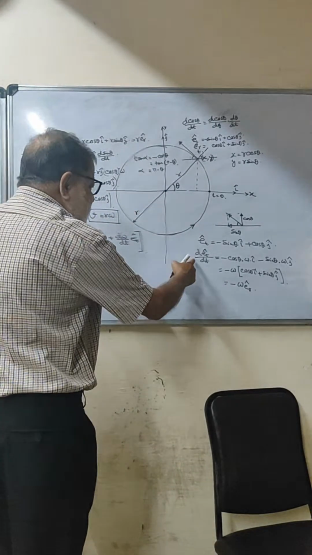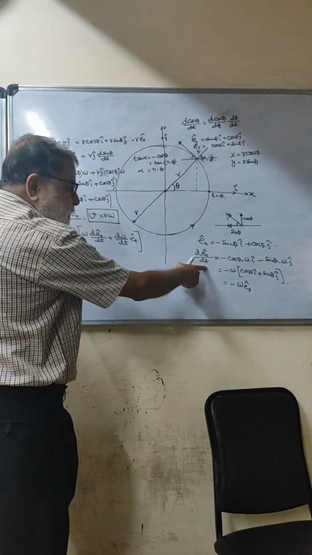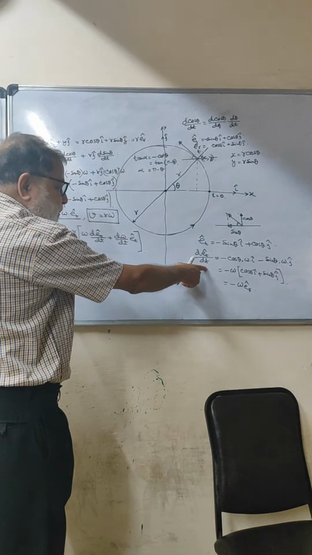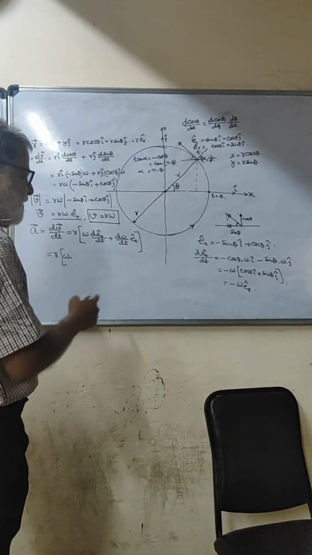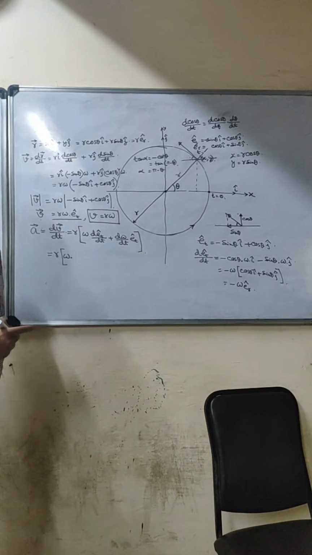So this is the derivative of et cap, that is unit vector along tangent. When we differentiate, we get this term.